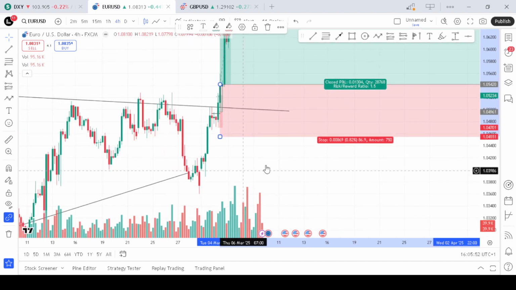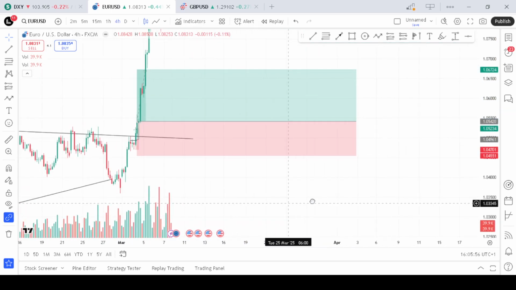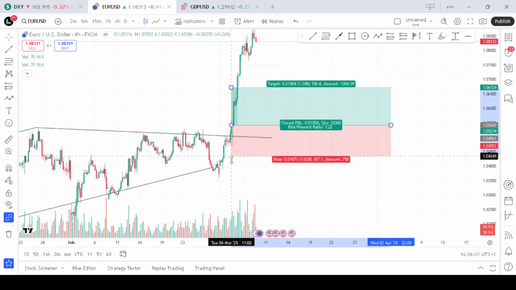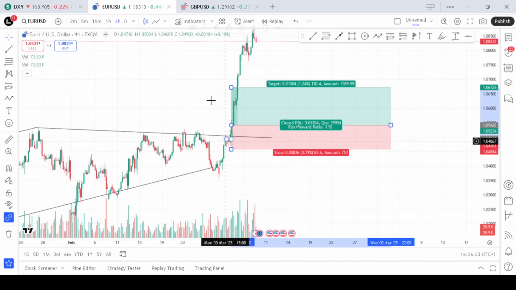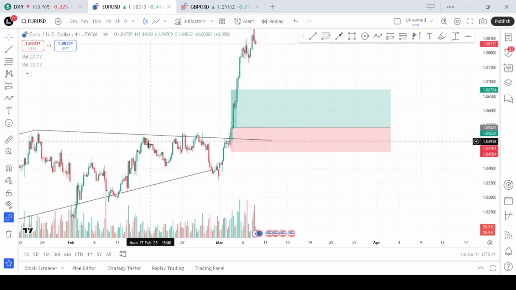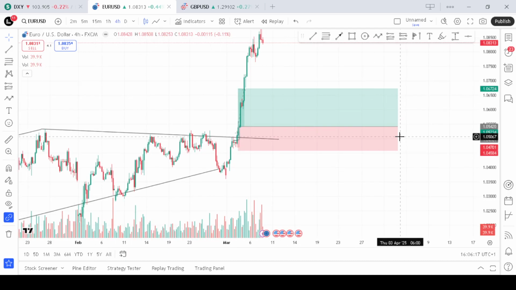You can decide to put it at the lowest point, or you put it at the most recent swing low you can see at this area, as the case may be. Setting the stop loss helps you to limit your losses. Setting a proper stop loss helps protect your capital while allowing you to stay in the trade in case it moves in your favor.